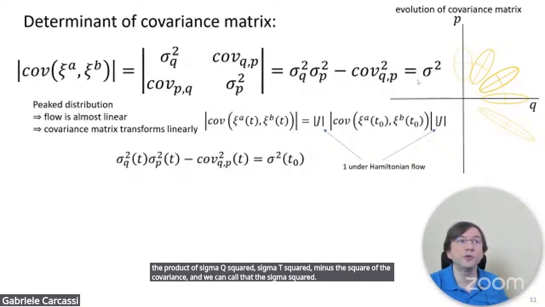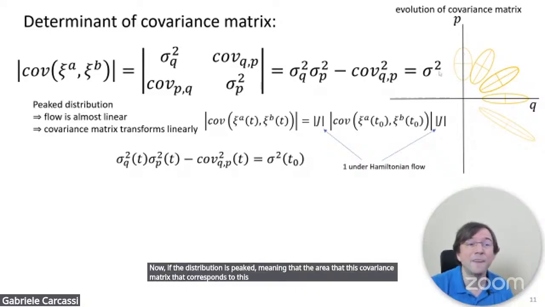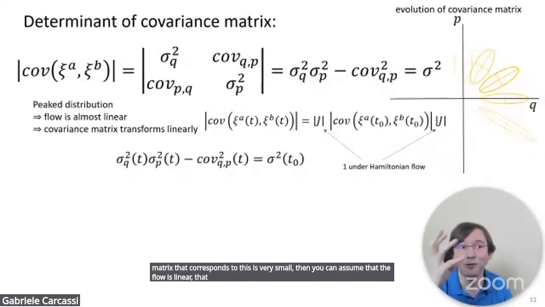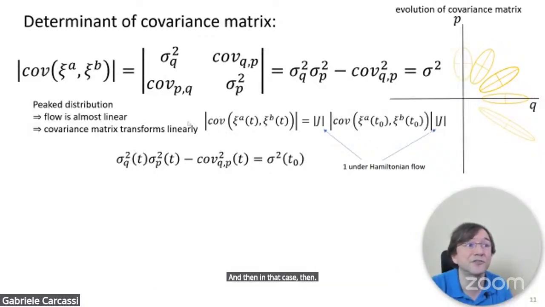Now, if the distribution is peaked, meaning that the area that corresponds to this covariance matrix is very small, then you can assume that the flow is linear, that your distribution is moving through a linear field. And in that case, the covariance matrix transforms linearly with the Jacobian on both sides.